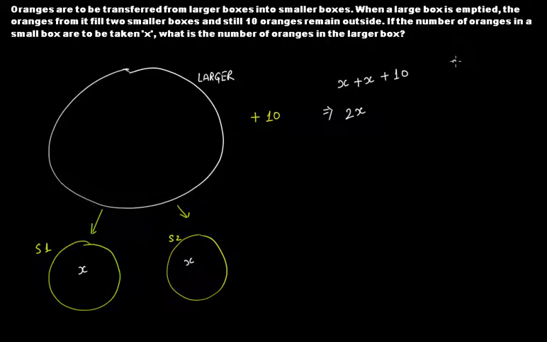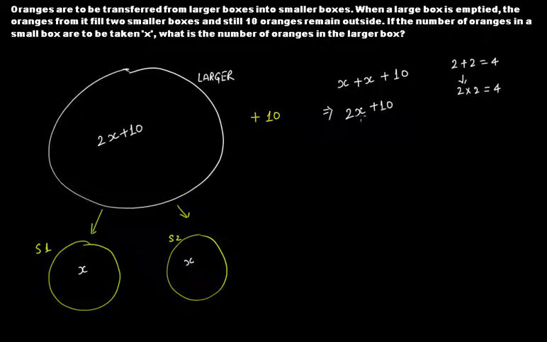It's the same as 2 plus 2, what? 4. It can also be written as 2 times 2 is equal to 4, right? So 2x plus 10. So the larger box had 2x plus 10.